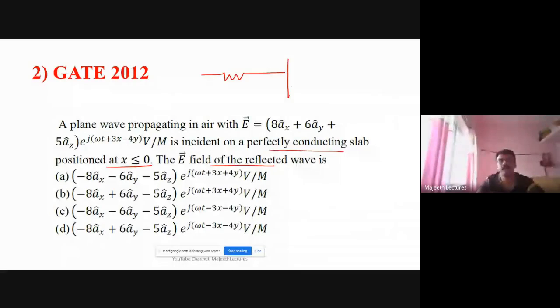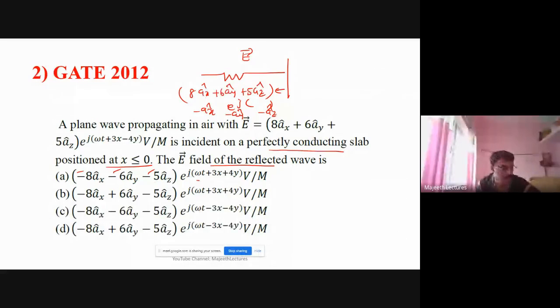E has 8ax plus 6ay plus 5az, into e power j something. This is a reflector. Reflector means all the directions are completely changing. So ax becomes minus ax, ay becomes minus ay, az becomes minus az. So 8ax means minus 8, minus 6, minus 5.